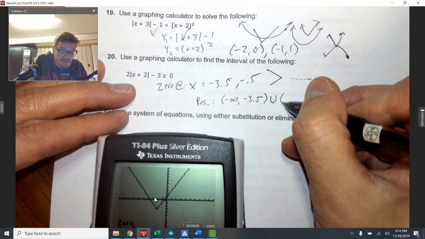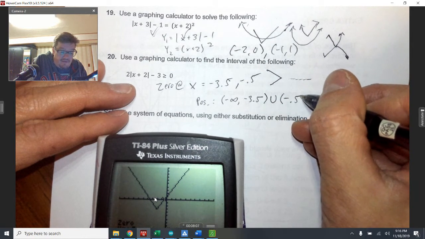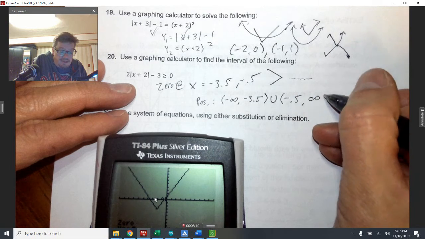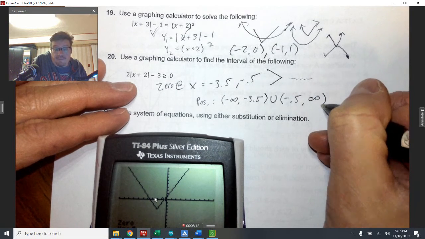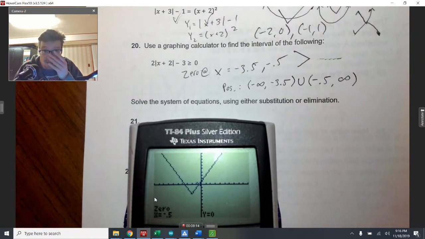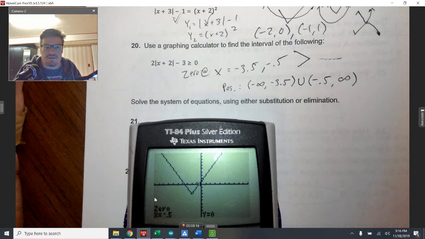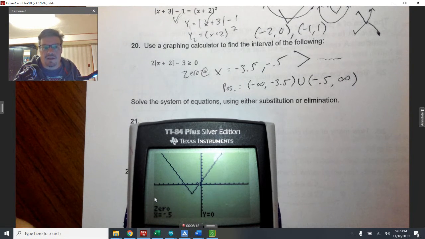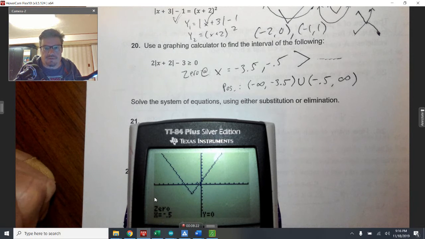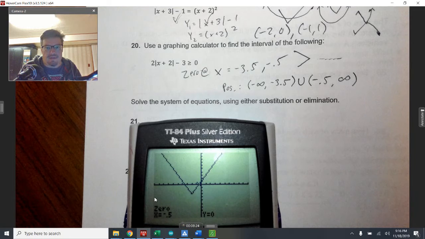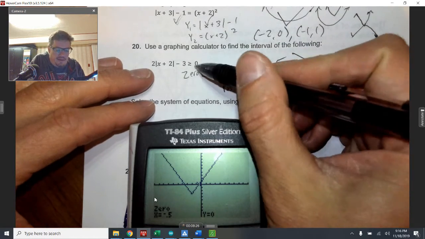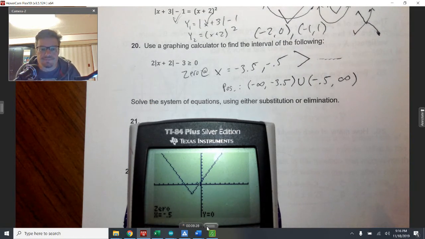Then I will move from negative 0.5 all the way to positive infinity. That clearly dictates where my actual values will be positive. They all fall within that interval. It didn't ask me about the negative. Then the arrow would have been pointing in the other direction.